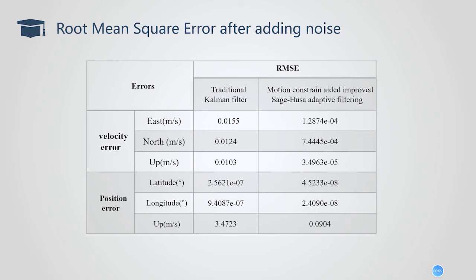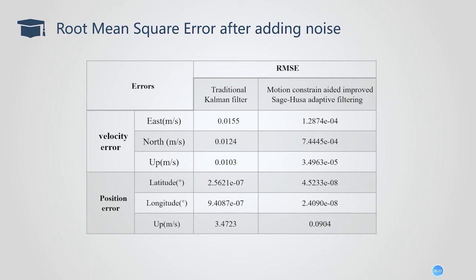It can be seen from the table that, due to the sudden increase of measurement noise and the divergence of the standard Kalman filter, the trajectory of the submarine cannot be accurately estimated, resulting in the continuous increase of the speed and position errors of the submarine.